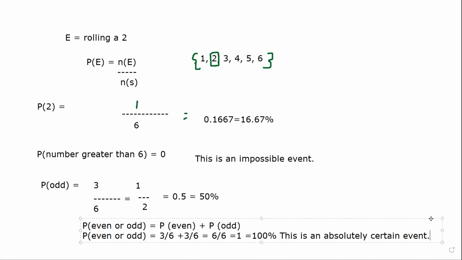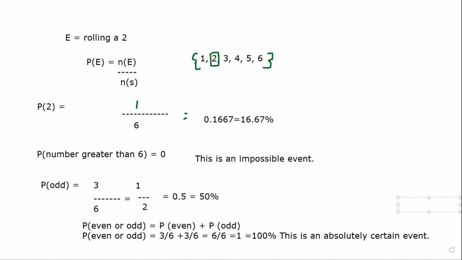I think she just wanted to give you an example so you could see what those events look like. So a number greater than 6 is impossible, but a number that's even or odd, that's the only thing you can have. Okay? Yep. So that's it for number 7.